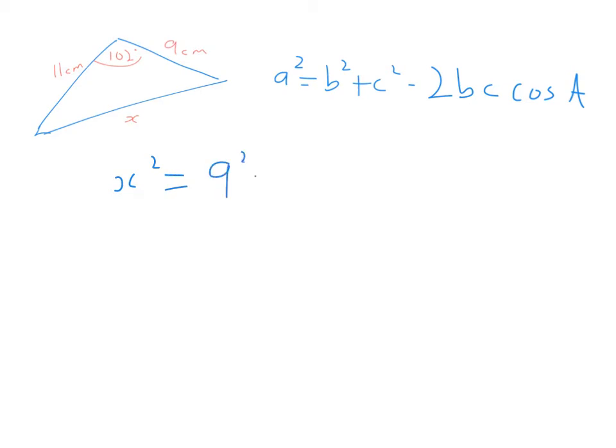So we'll say 9 squared plus 11 squared minus 2 times 9 times 11 times the cos of 102.